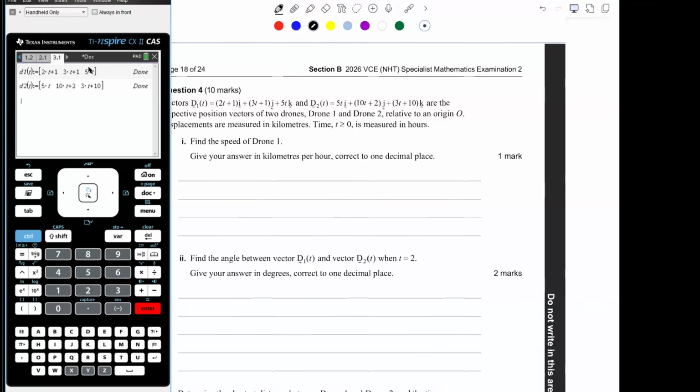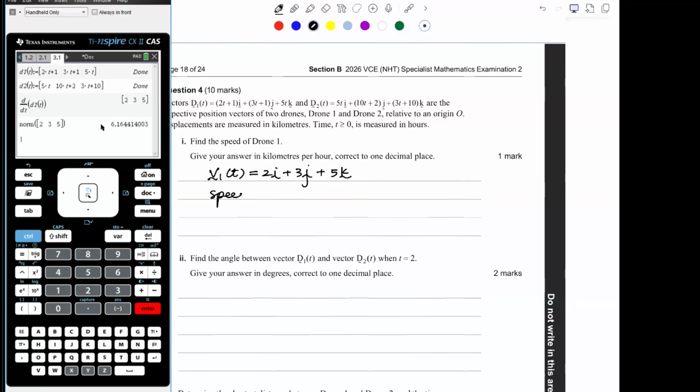Speed of drone 1, we just take the derivative. d1 of t, you can see it's 2, 3, 5, and then you take the magnitude of velocity. This is the speed, okay? So v1 of t is 2i plus 3j plus 5k.